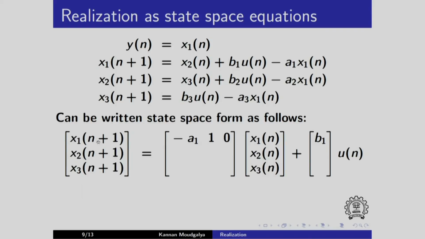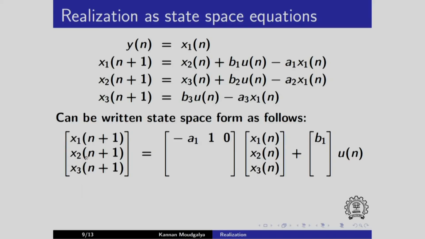Look at the first equation, x1 of n plus 1 equals minus a1 into x1 of n plus x2 of n, and then finally there is no x3 term, so I put a 0 here, plus b1 into u of n. So this is the implementation of the first equation in matrix form.